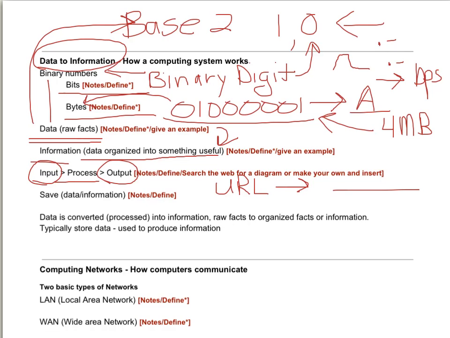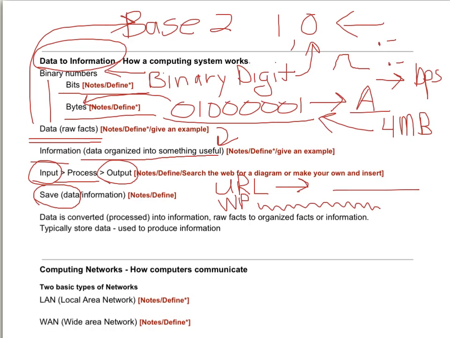Or in this early section we're doing word processing. We'll be doing word processing pretty soon. So you type information up in the word processor, and then you can take that data and organize it into something. So we use software to do that. Typically we save the data.